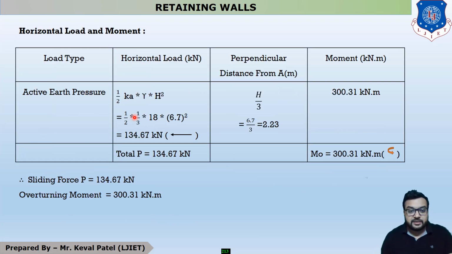The value of the moment is force into perpendicular distance, which is 300.31 kilonewton meter. So this is the calculation of horizontal load and moment. Our horizontal force is called the sliding force and our moment is called the overturning moment. So this is the calculation of horizontal force.